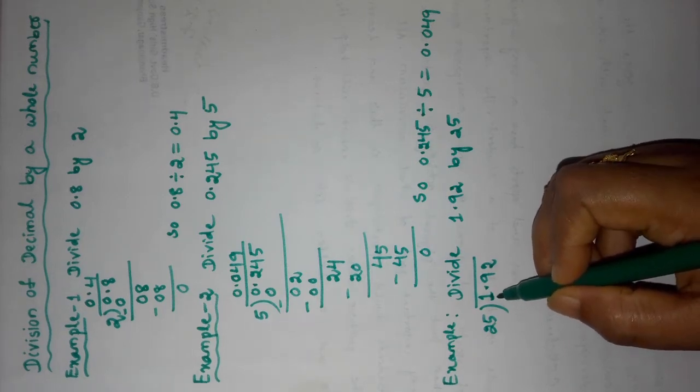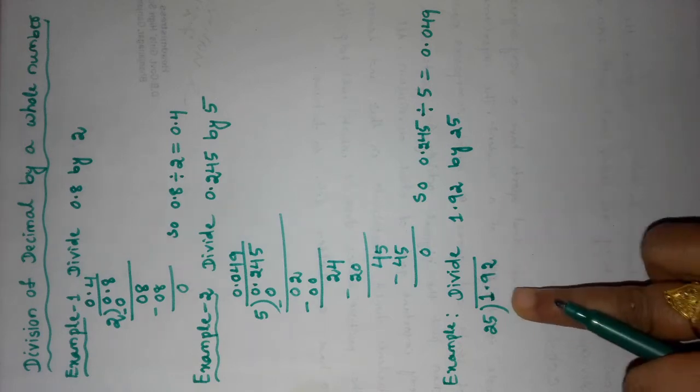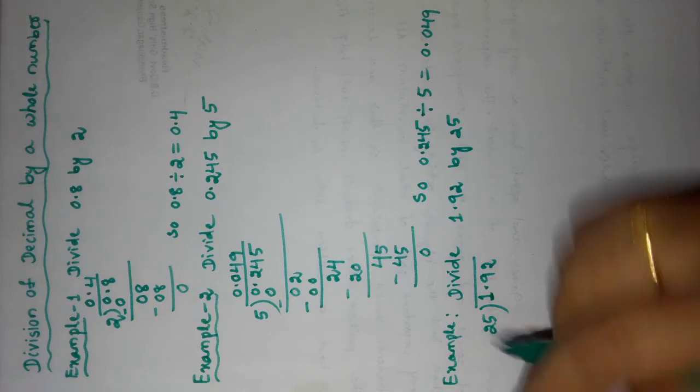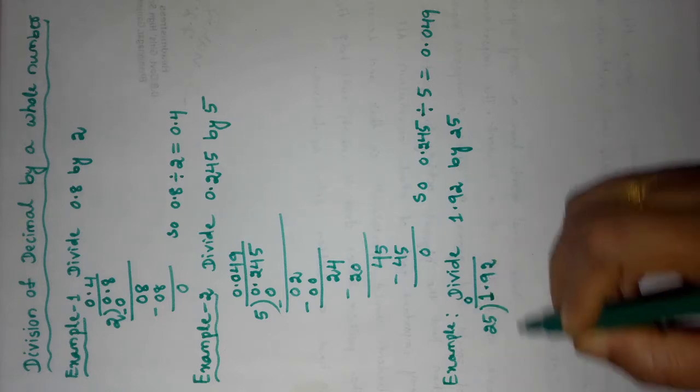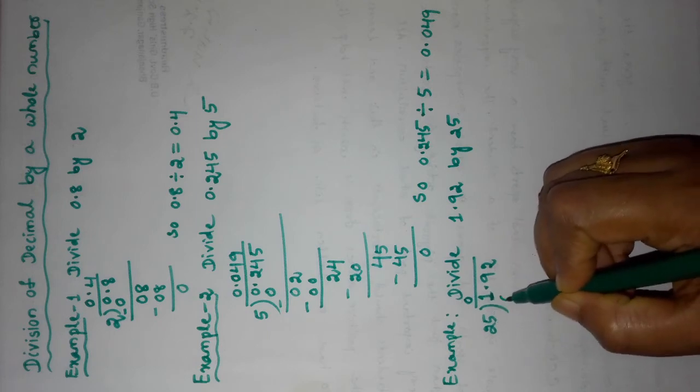Here in the integral part it is 1. 1 is less than 25. We cannot divide 1 by 25. That's why put 0 here in the quotient. 25 zeros are 0.